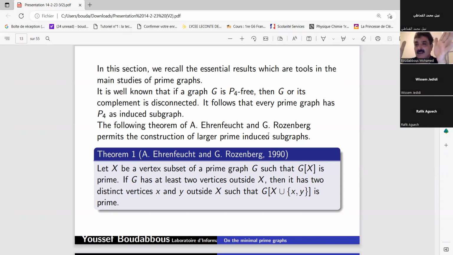Any prime graph has P4 as induced subgraph, but there are graphs with no prime induced subgraph of order 5. But if there is a subgraph of order 5, then by this theorem of Ehrenfest-Rosenberg, for each cardinality, even or odd, between 4 and the order of the graph, there is a prime induced subgraph.